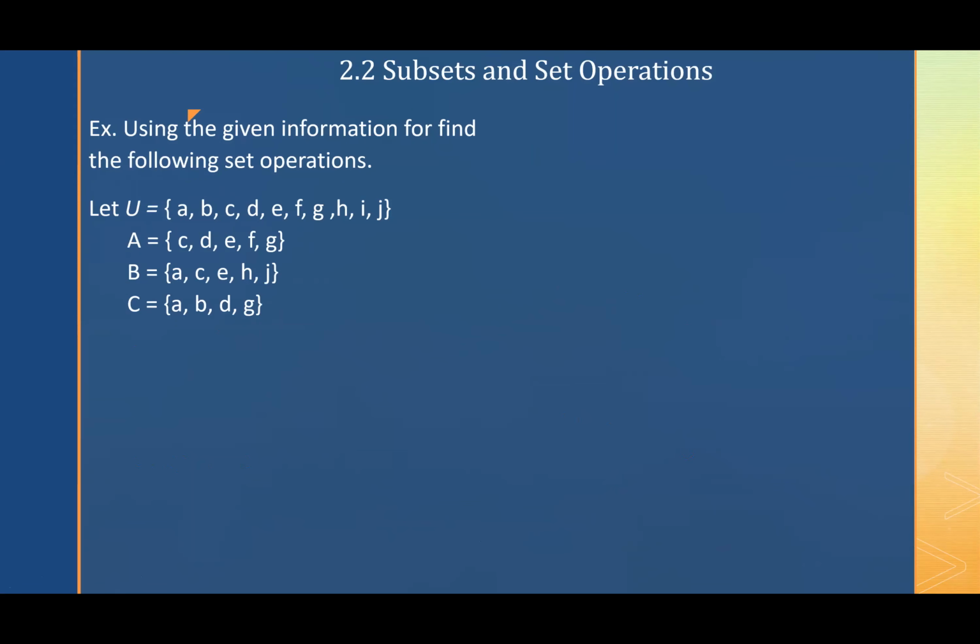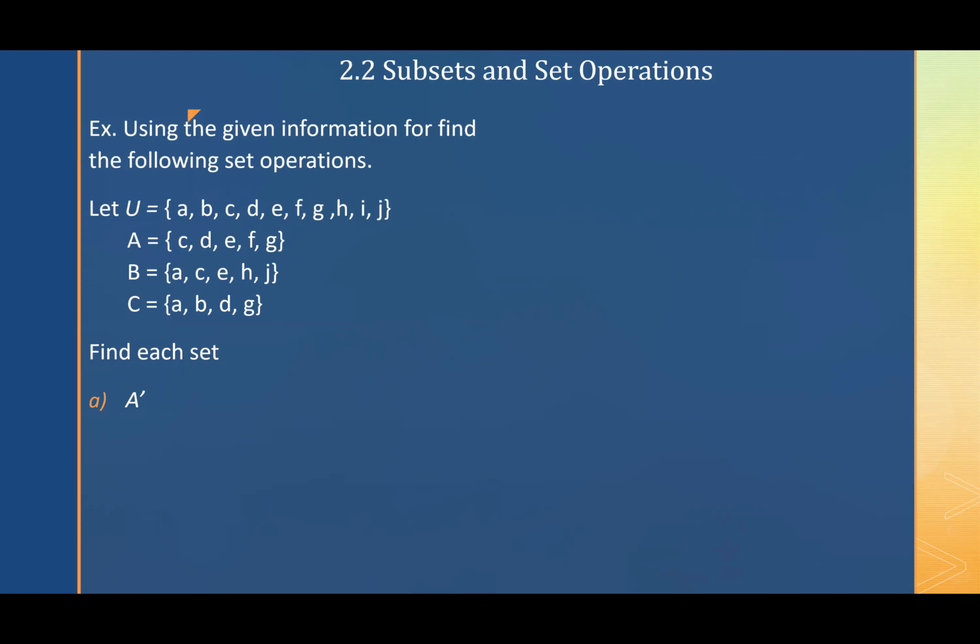So the question is, given this information, given the universal set, set A, set B, and set C, can you find me A prime? Can you find me the complement of A?